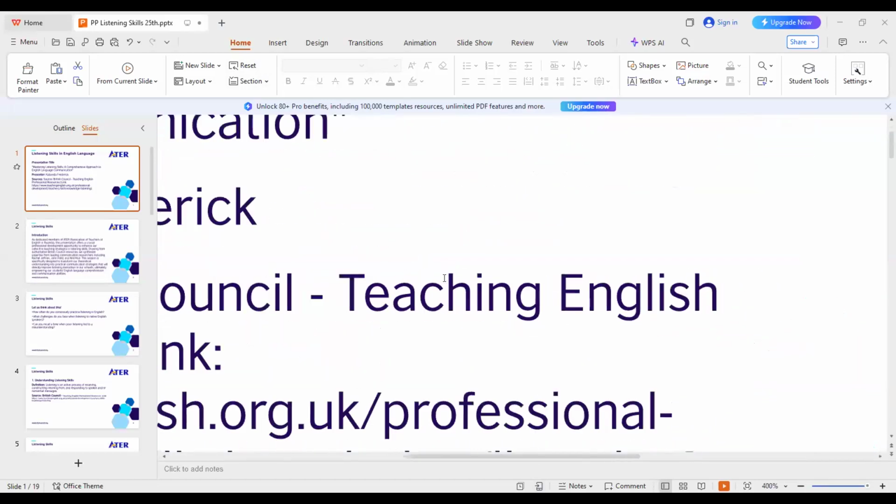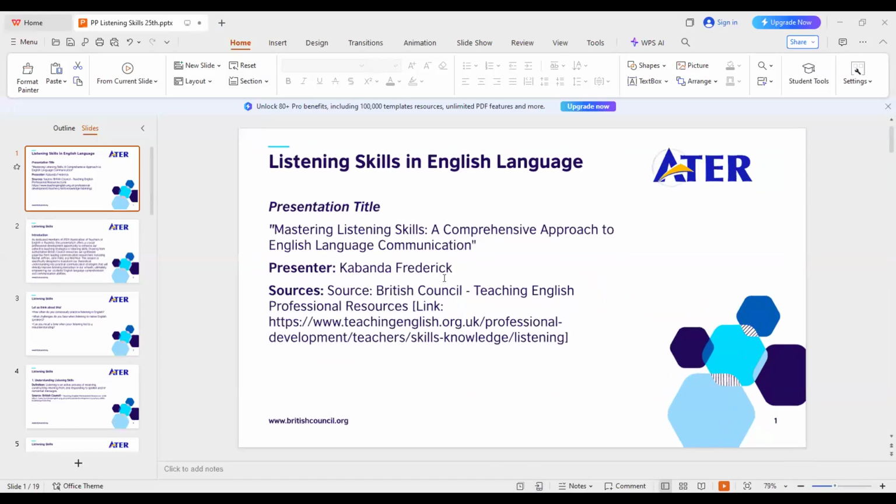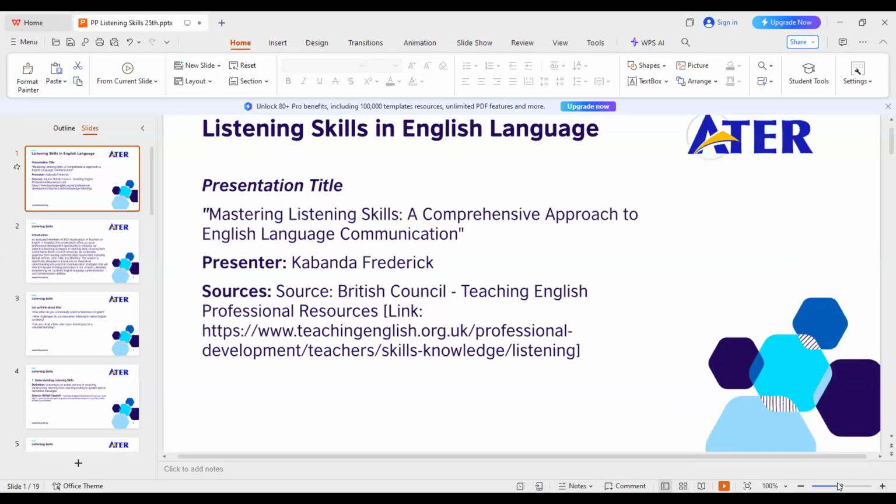If you click on slideshow at the top and then from beginning, then it will go to full screen. Slideshow at the top, okay, on the top line. So Fred, you see that? Yes, sir, I'm hearing you. You see home, insert, design, transition, animation, then slideshow.